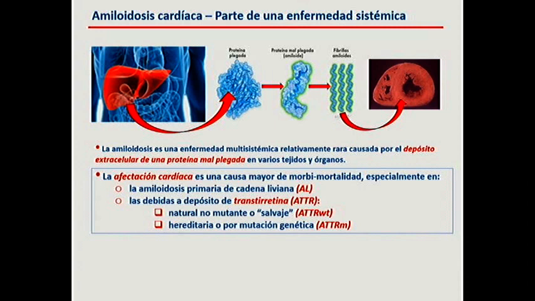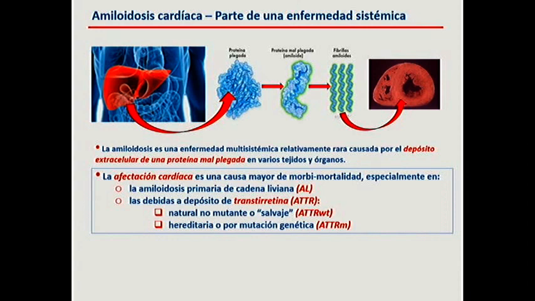Amyloidosis causes a high morbidity rate, in general because of a cardiac affectation. It could also be because of renal impacts, but cardiac affectations are the most severe ones, and this happens especially in the primary amyloidosis, the AL, and the deposits of transthyretin, ATTR.